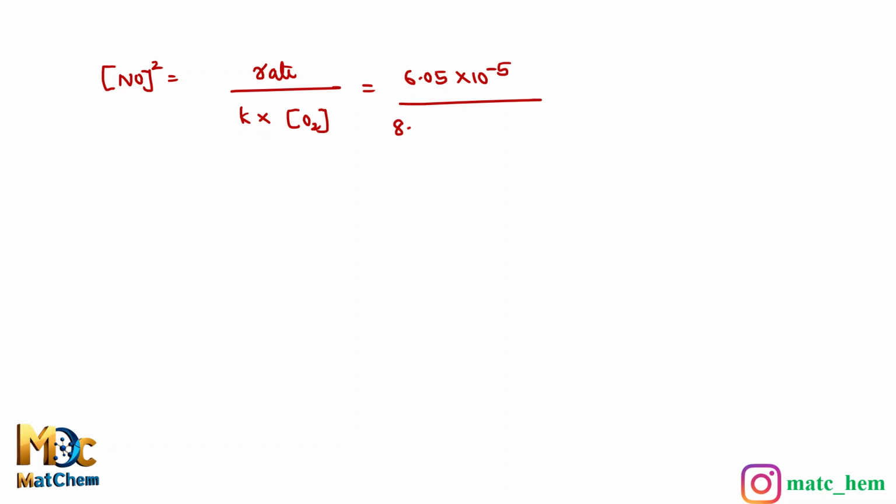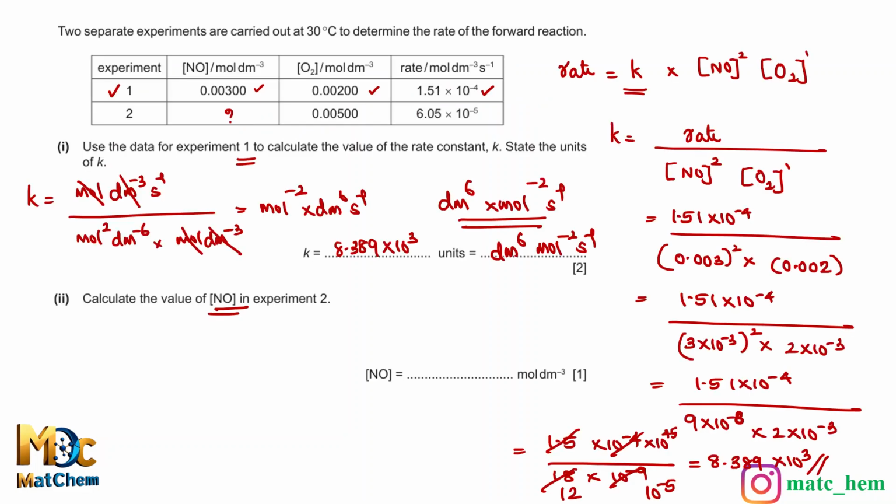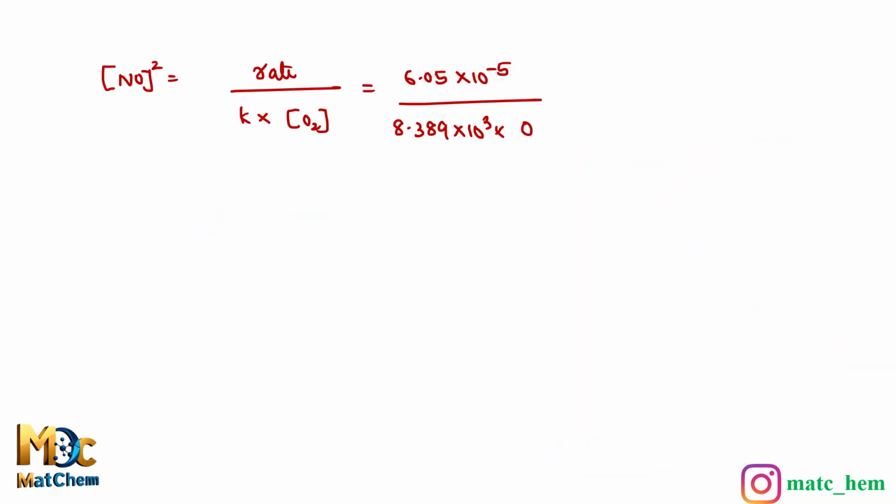Into the concentration of oxygen. In the second experiment, the concentration of oxygen is 0.00500. So that is equal to 0.005. Correct. That means on simplification, you will get around 144.2 into 10 raised to minus 8.